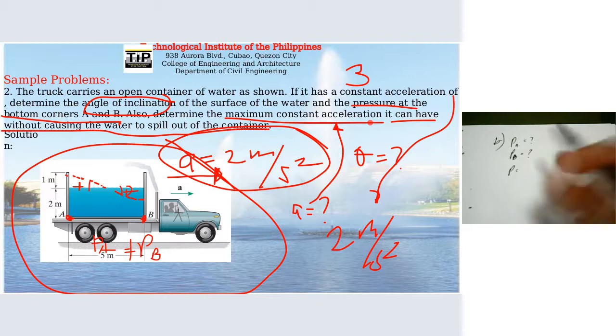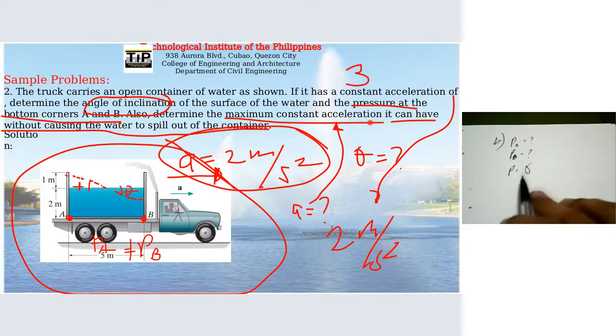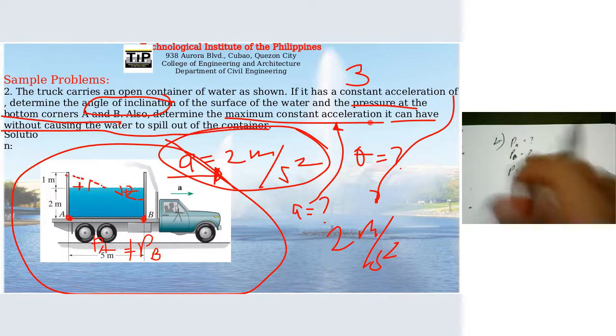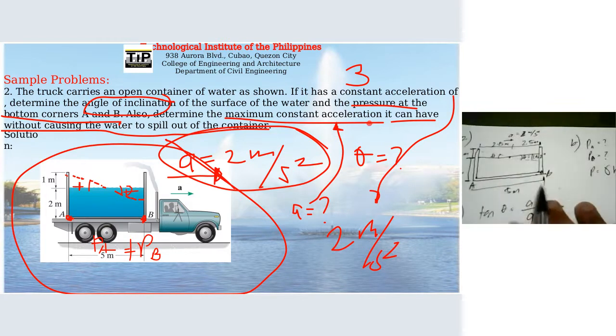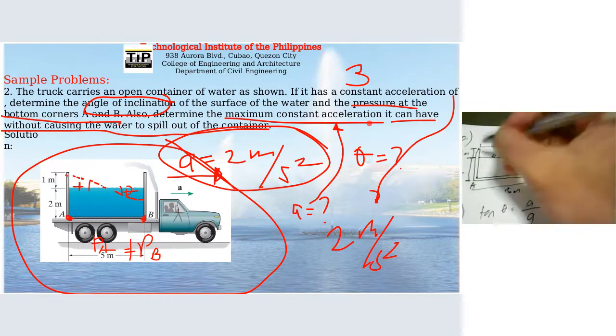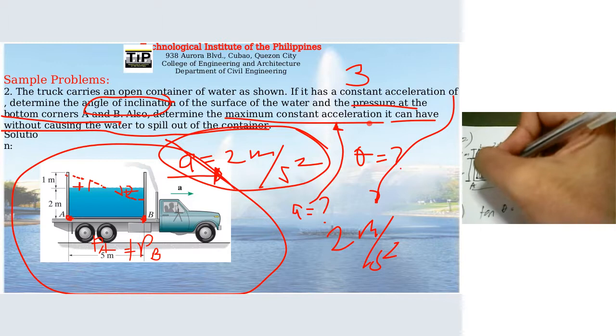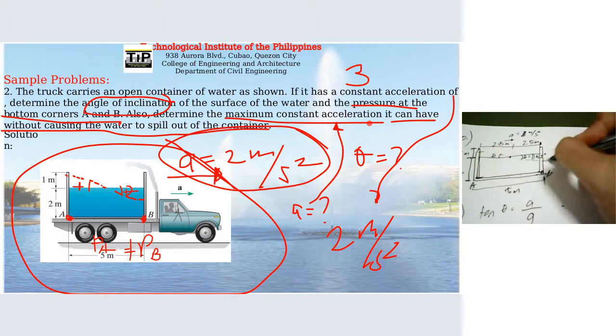We can solve the pressure by multiplying the unit weight by the height. So going back to this figure, this is point A and this is point B. So we have to determine this height and this height.